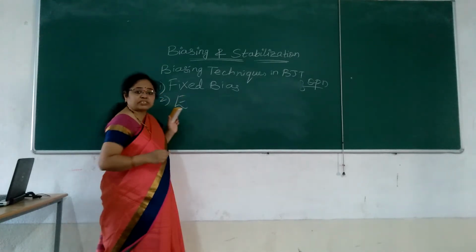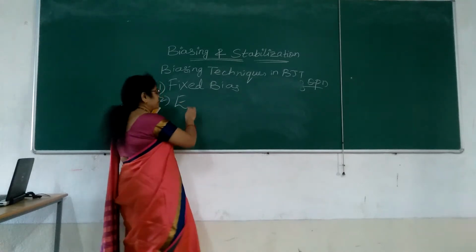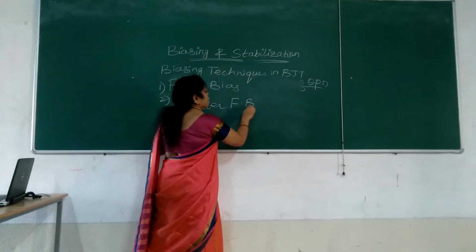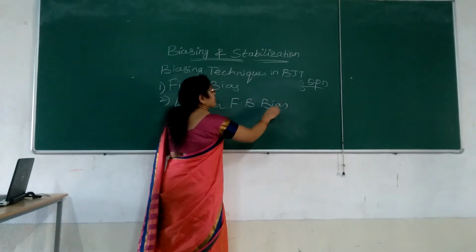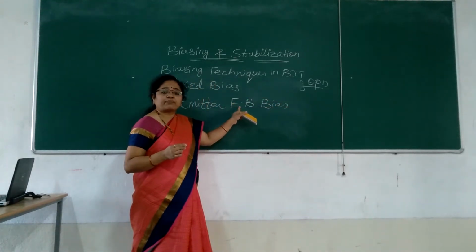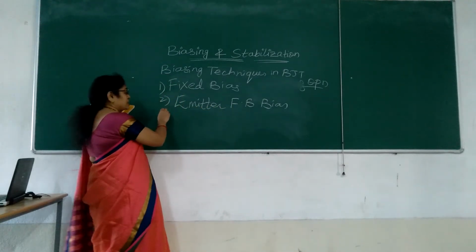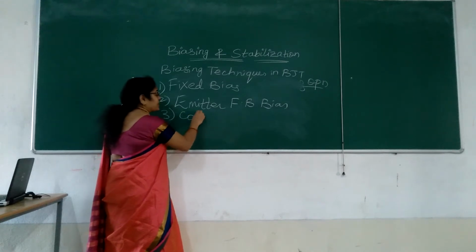Then we have emitter feedback bias; here FB means feedback. Third, we have collector feedback bias.